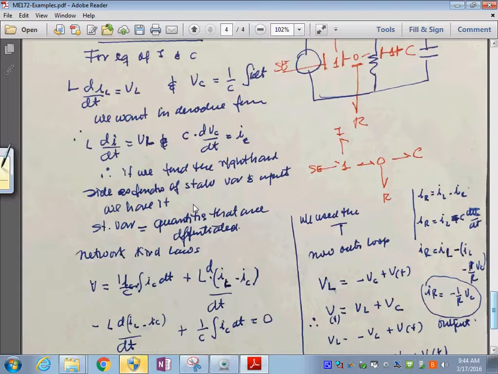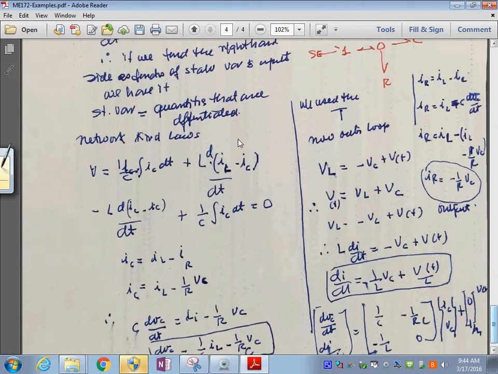While if you keep at this, you see, we need to find out this current. So you see, isn't it true that I sub C, this one, is I sub L minus I sub R, right? That's what the equation at this node says.